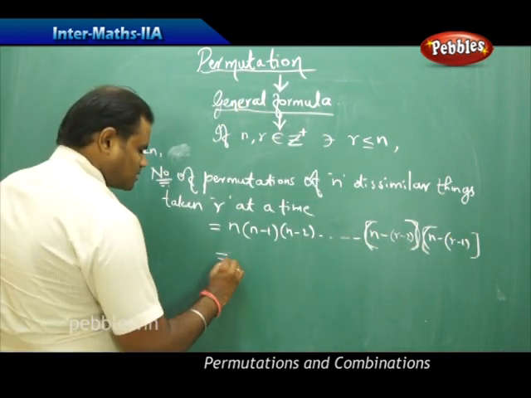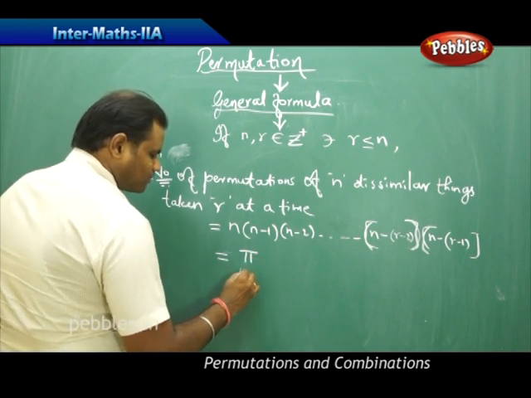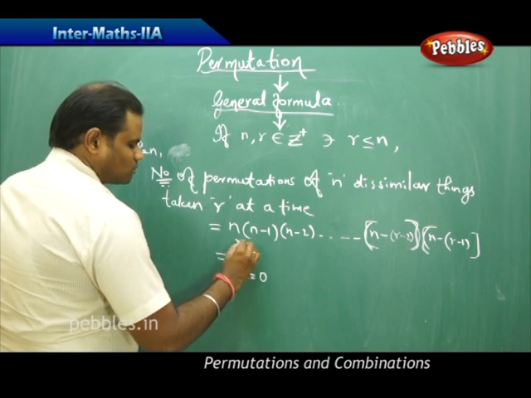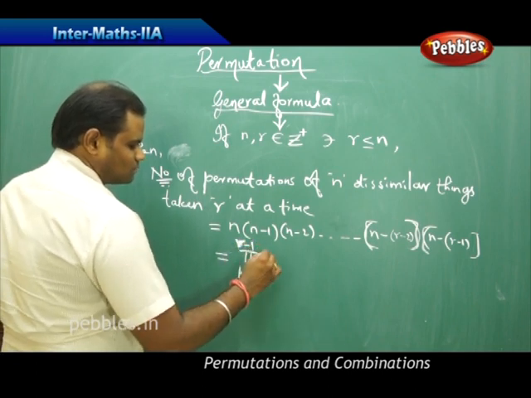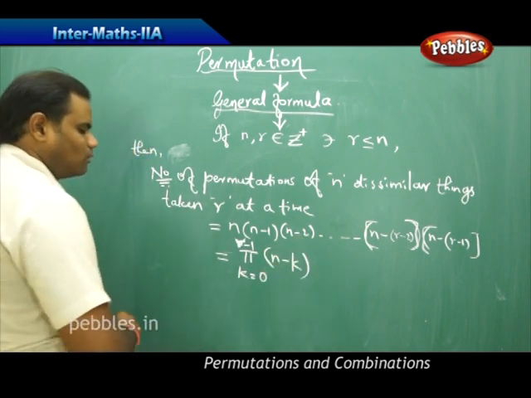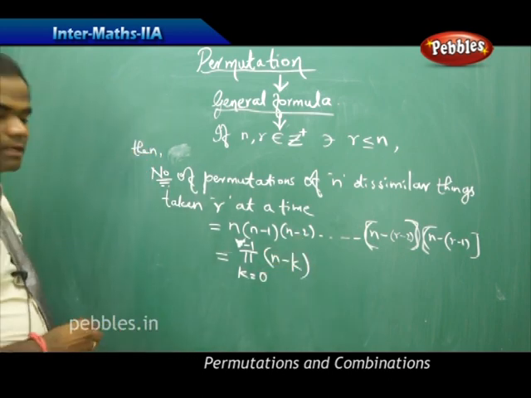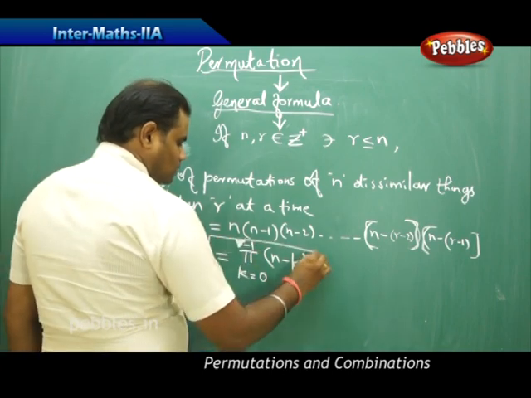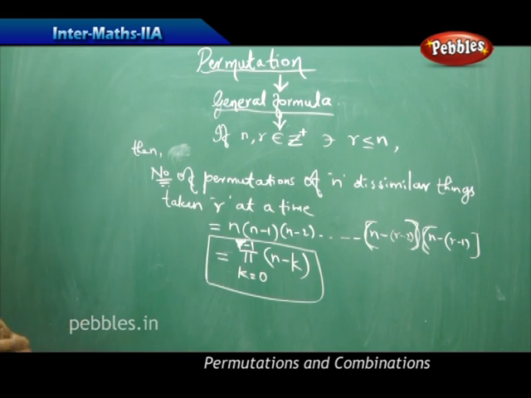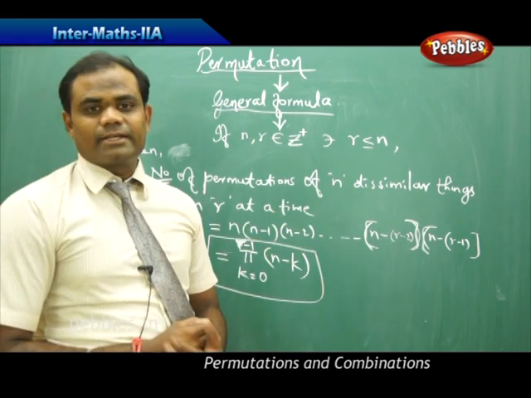That is, this is taken in the form of the product of n minus k, with k running from 0 to r minus 1. So selection is r and the number of things existing is n.